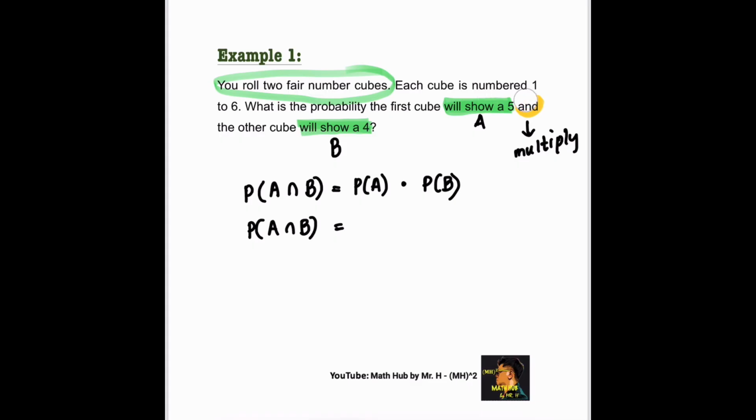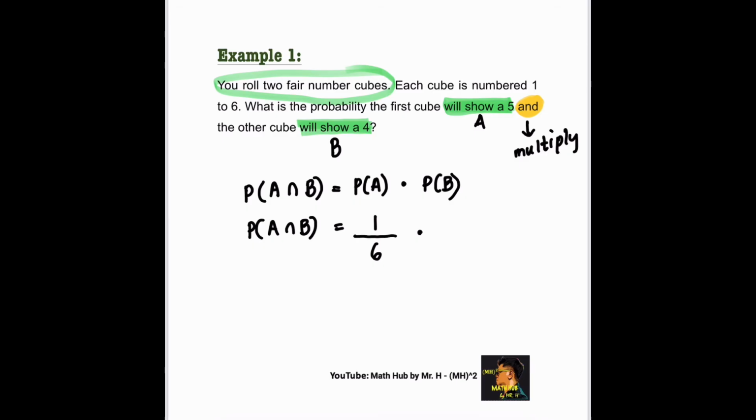Remember, each cube is numbered from 1 to 6, okay? And that first cube has one face that is numbered 5. So we write 1 divided by the total number, which is 6 because a cube has 6 faces, and that's for event A, times event B on the other cube.